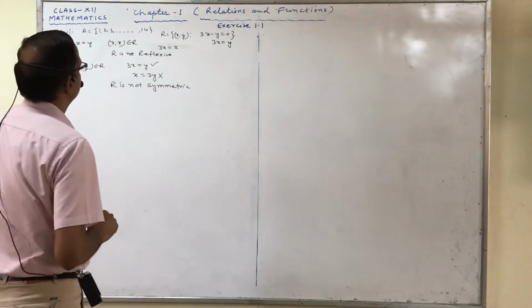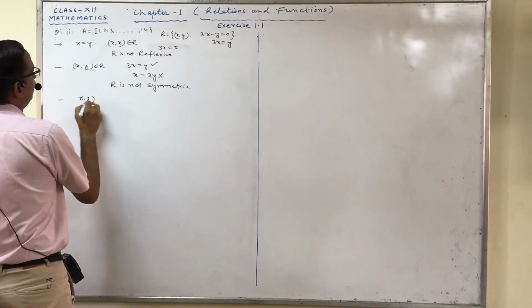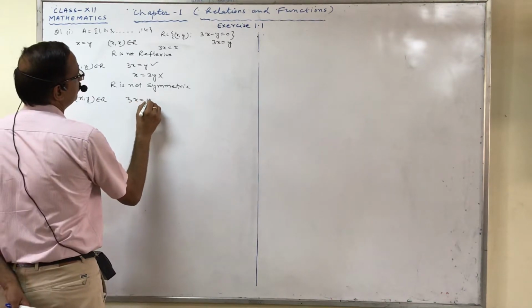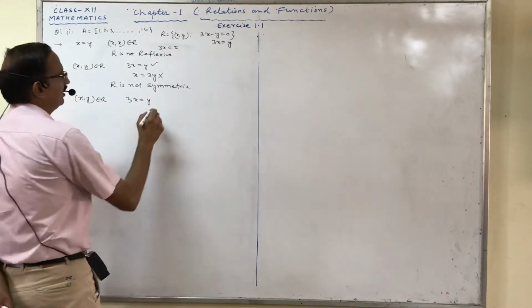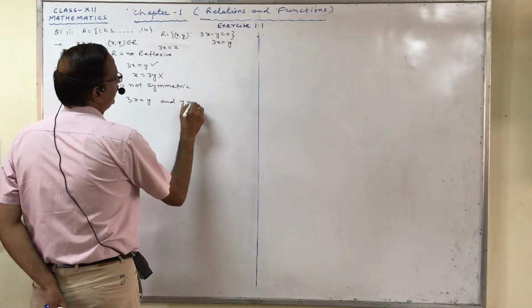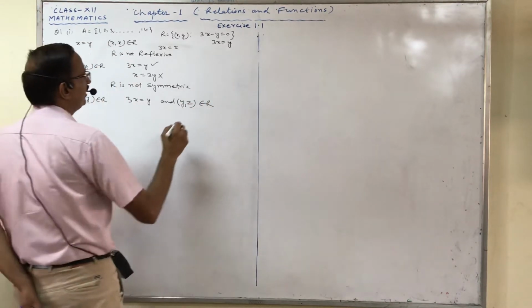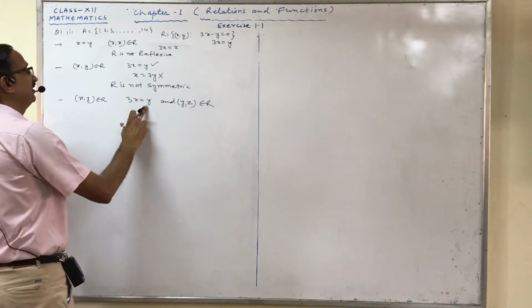Now come to transitive. For transitive, suppose (x, y) belongs to R. It means 3x = y, or 3x - y = 0. And (y, z) belongs to R. It means when (x, y) belongs to R, then 3x = y.